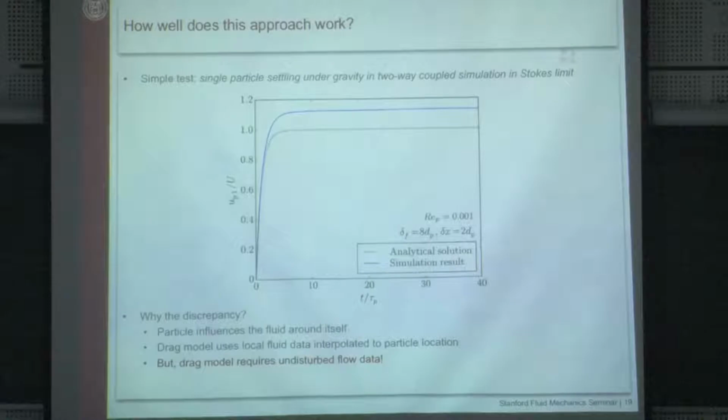So really, what the drag law, at least the drag laws we've talked about so far, require is the velocity that would be at the particle location if the particle wasn't there. Right? If we were able to conceive a situation where we remove our particle and look at the flow velocity there, then our drag law would do great. Well, unfortunately for us, we don't have easy access to this information.